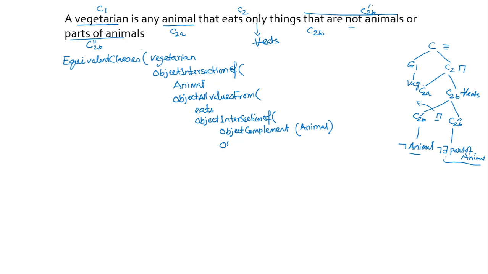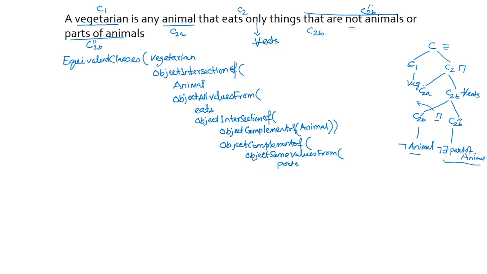So we'll be having object complement of, and inside that we'll have object some values from, and what would be the property?